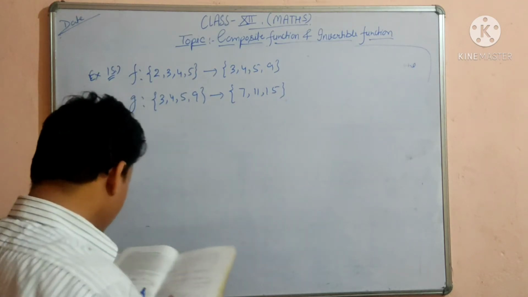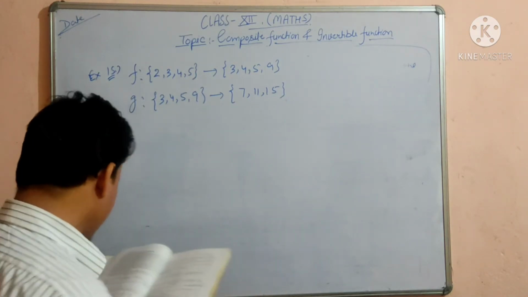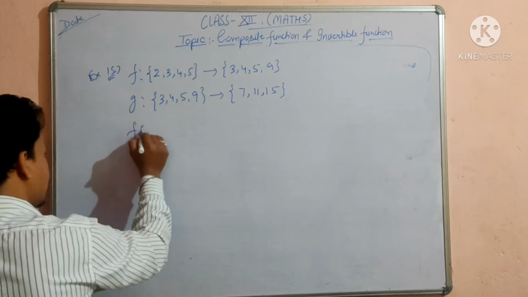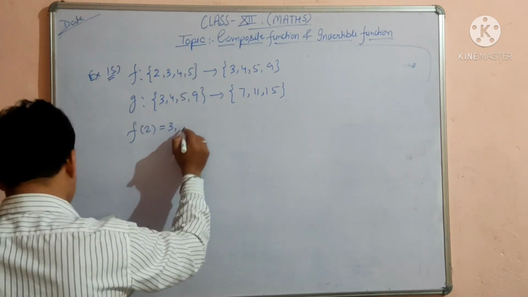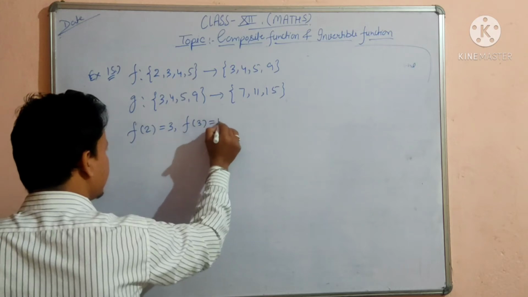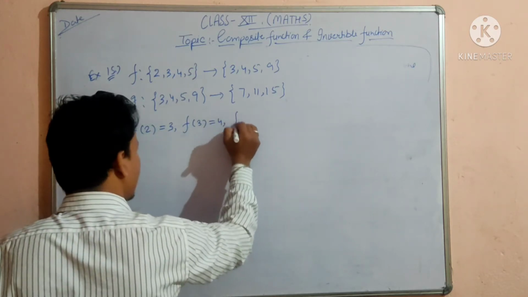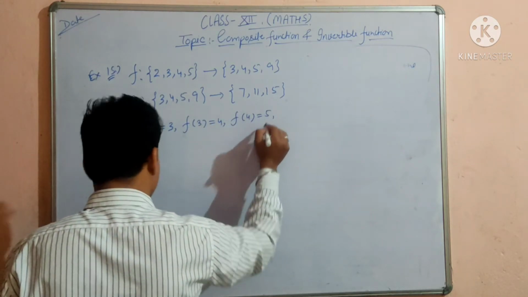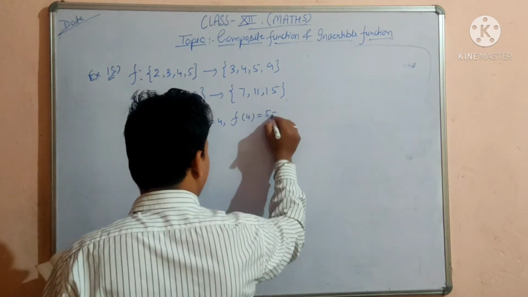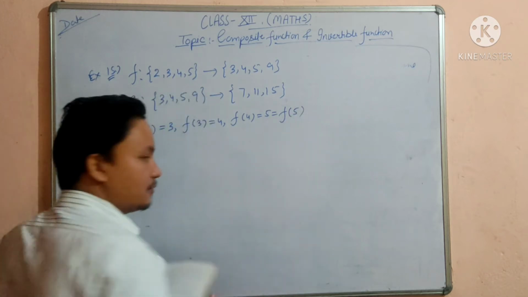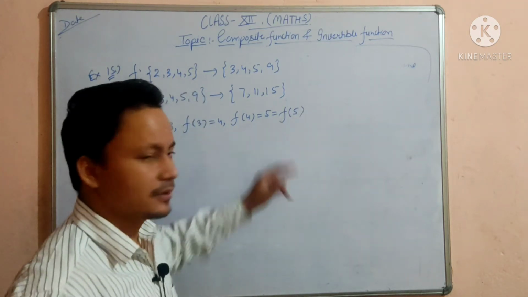Now see, the function is defined as f of 2 is 3, meaning the mapping of element 2 is 3, f of 3 is 4, f of 4 is 5, and it is also the value of f of 5. Meaning the value of f of 4 and f of 5 both will be 5.